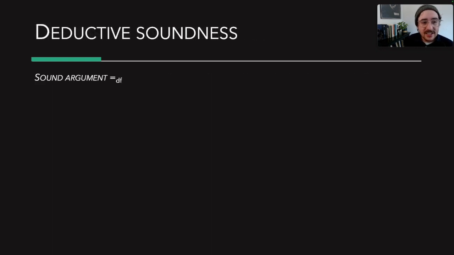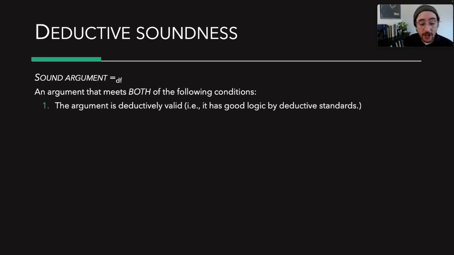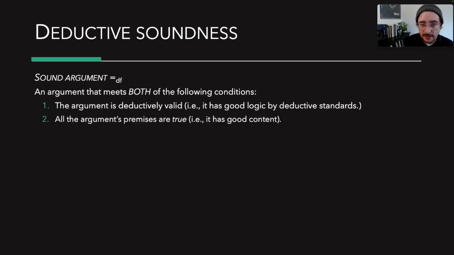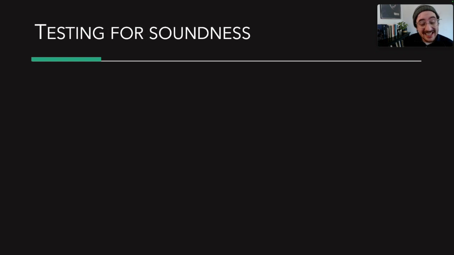And so this leads us to talking about deductive soundness. A sound argument is one that meets both of the following conditions. The argument is deductively valid, but it also has all true premises. So if you're going to try to test whether an argument is sound or unsound, this is the process you should go through. First, you ask yourself, is the argument valid?